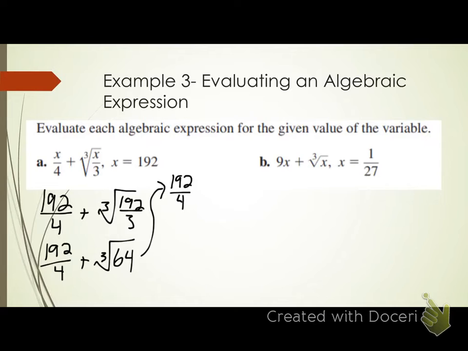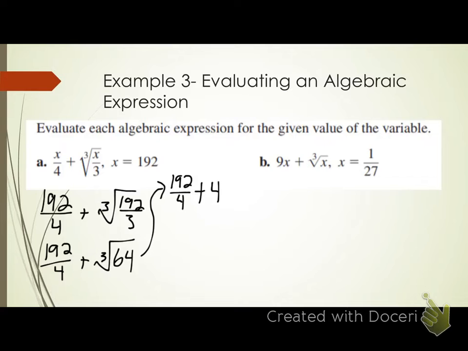So what number times itself again gives me 64? 4. We're talking about cube roots, not square roots. That's what that little 3 in the nook of that radical means. Looking for a number, times itself again, that gives me that number under the radical. Okay? Any questions on what I've done so far?